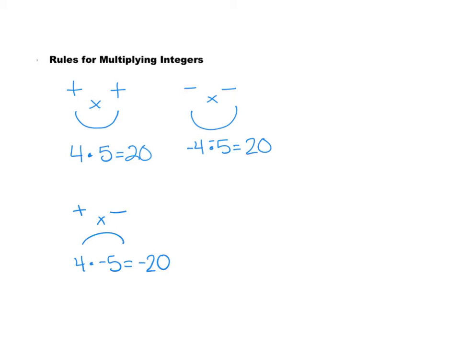The same thing happens if I have a negative times a positive: a negative 4 times a positive 5 is equal to negative 20. Basically, we need to remember that positive times positive and negative times negative always result in a positive answer.